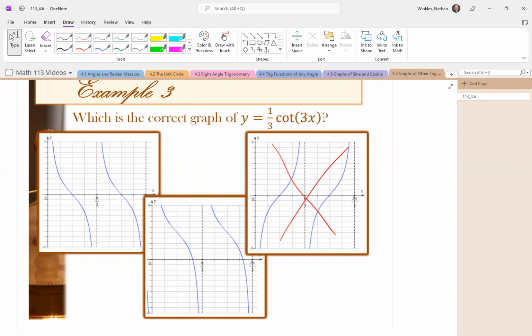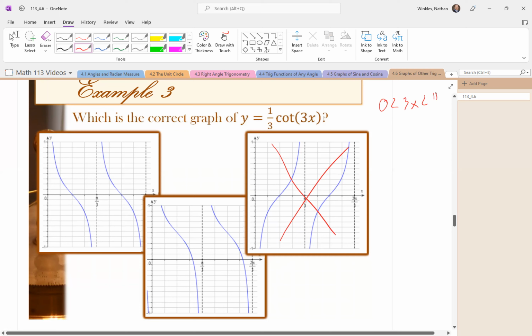Now, in terms of our cotangent, what we would need to look at here is which one shows halfway between them, because we have 3x, so we have 0 less than 3x less than pi.